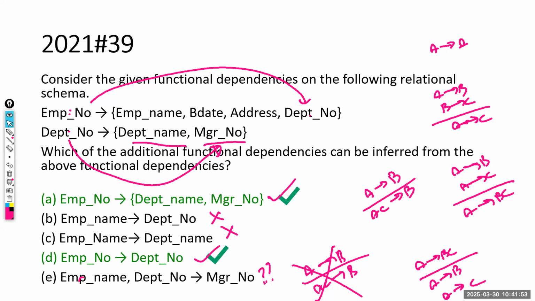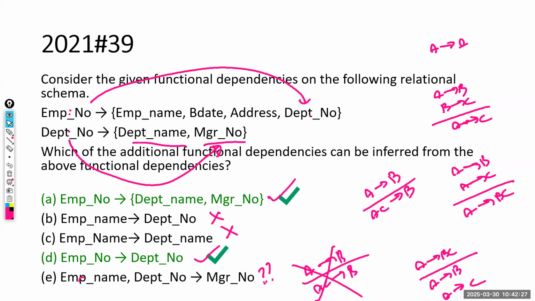But what happens if an employee can work in multiple departments? Maybe the same employee, but according to this it's employee name, right? Not employee number. So there can be, say, Nimal in department 5 and again Nimal in department 3. So then it can be a different manager number, right?